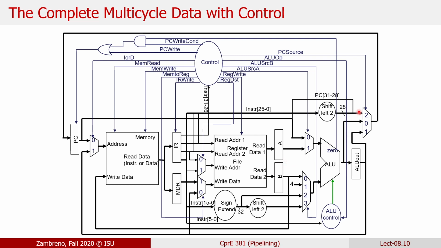Likewise, our next PC value is arguably a little bit simpler than it was in the single cycle implementation because we don't have these additional adders here. We know that either the result as it gets updated is going to be the result of an ALU computation, or it's going to be the result of a jump computation.